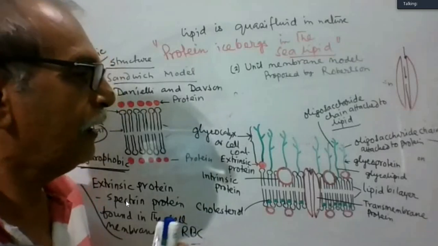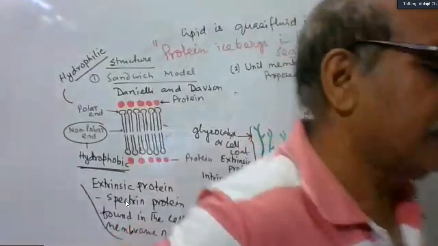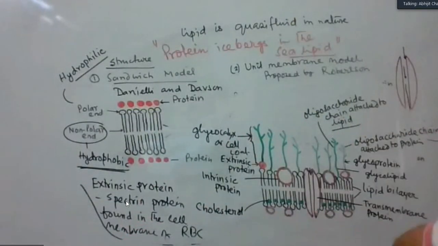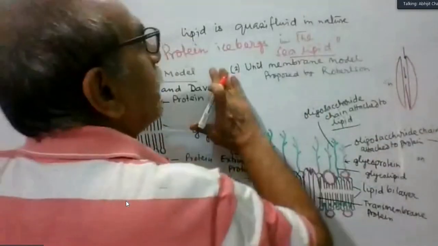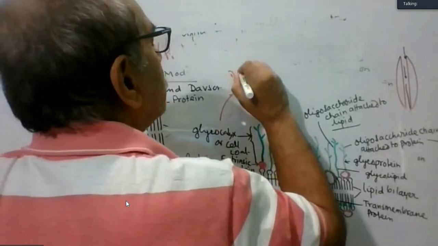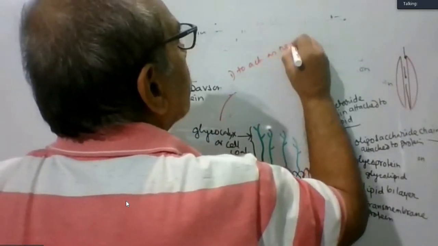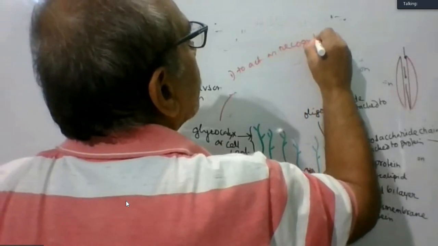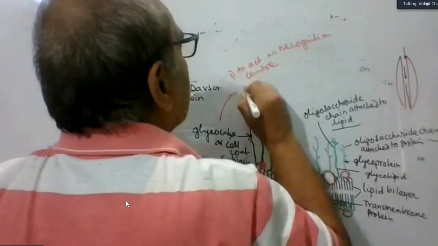So in this way you see a protective layer is also formed around it. Basically this function is the recognition center, site of attachment. Its role is to act as the most important recognition center.